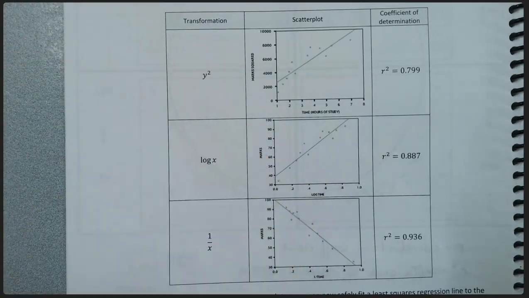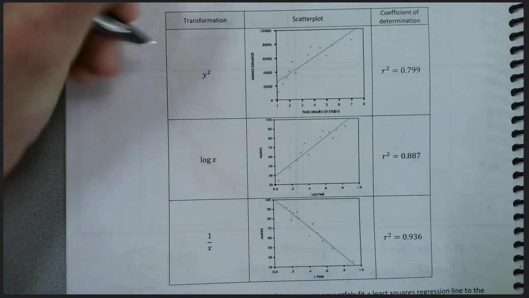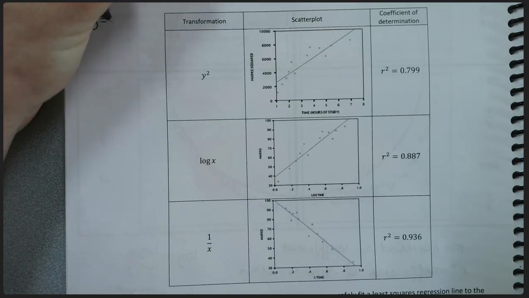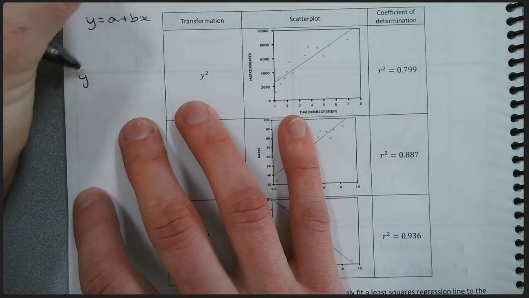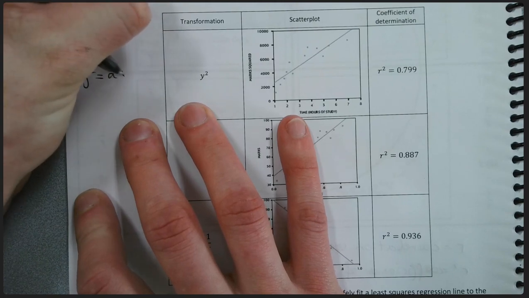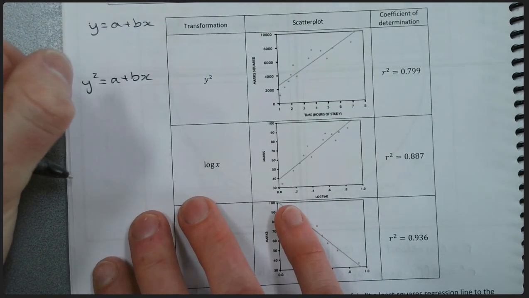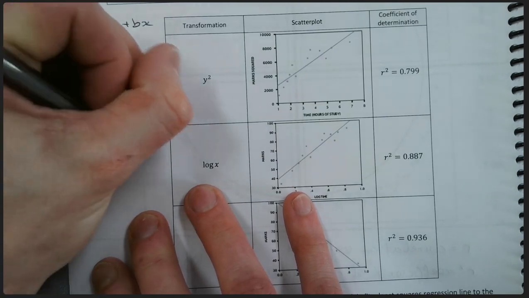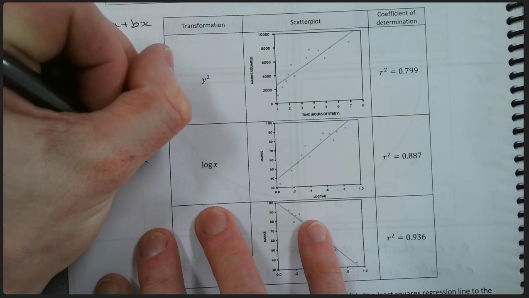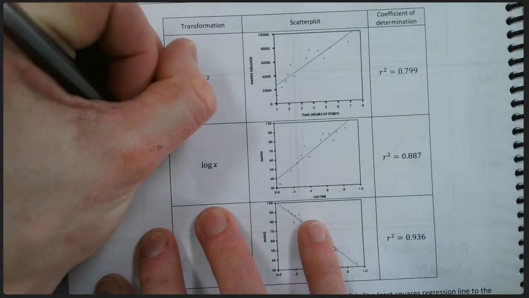Just as a little side note, like we kind of did on the board, we would write this equation if our equation is y is equal to a plus bx. This one would be written as y squared equals a plus bx. This one would be written as y equals a plus b times the log of x.